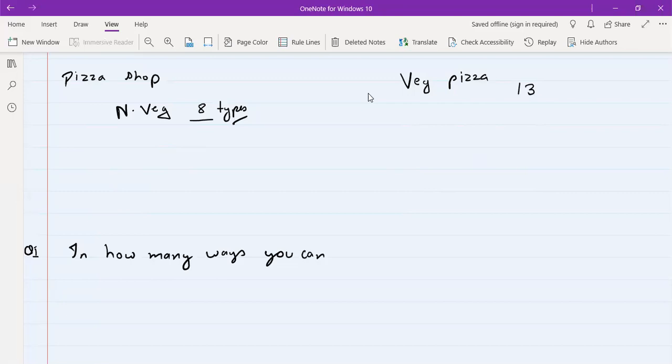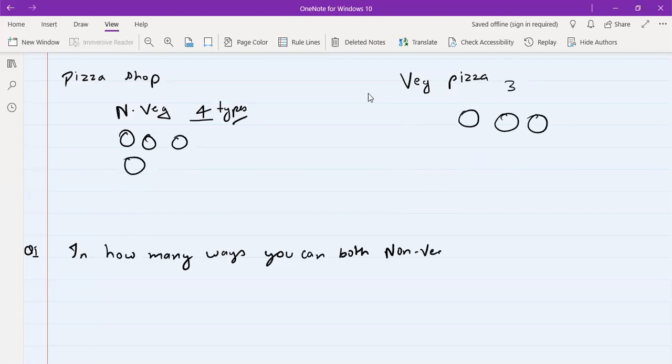Let's have only 4 options of non-veg and 3 options of veg. So in how many ways can you have one non-veg and one veg pizza? This is question number 1. Tell me how many ways?